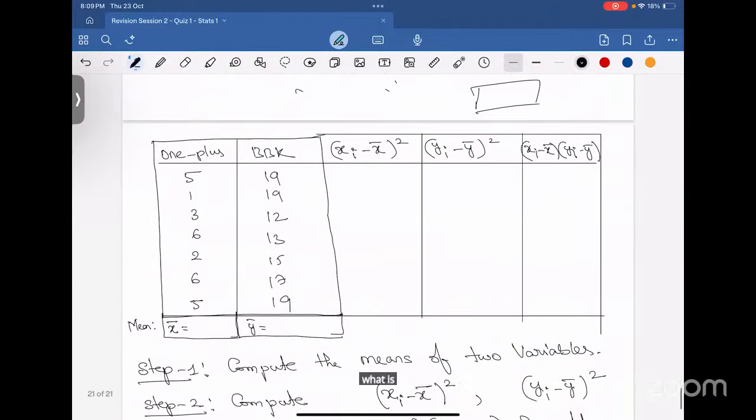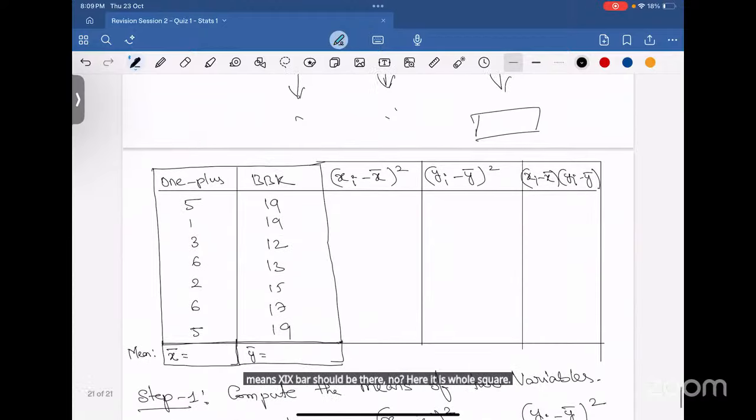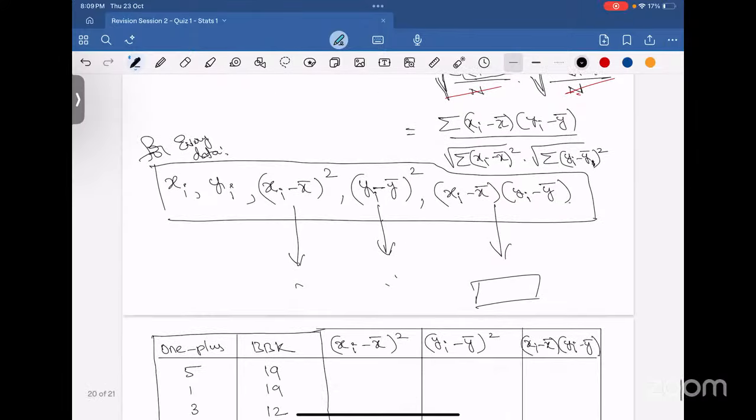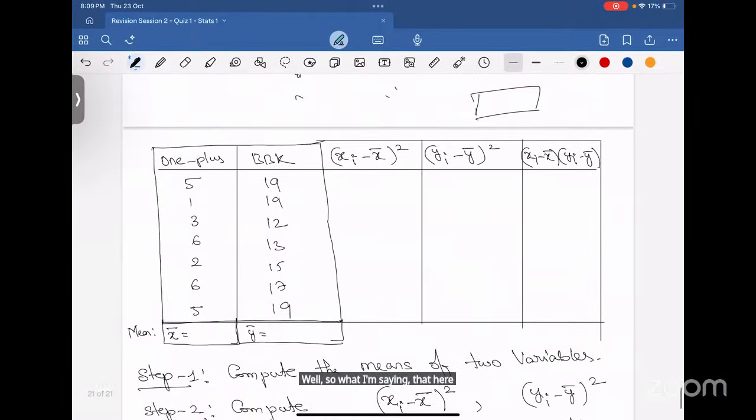What is that column? xi minus x bar should be there, no? The formula needs xi minus x bar whole square only, right? No, sir. What I'm saying is that here we are writing xi minus x bar into yi minus y bar, but we have xi minus x bar whole square and yi minus y bar whole square. So what here is the confusion.